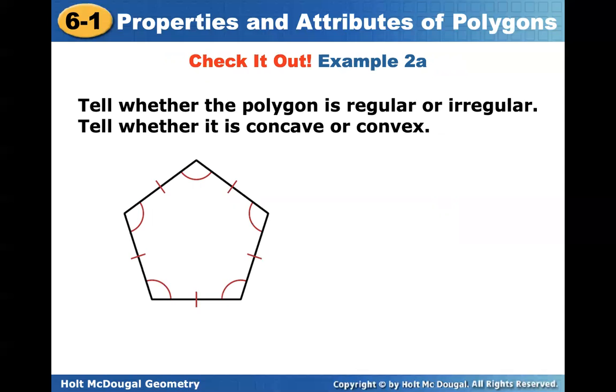Tell whether it is regular or irregular, and then tell whether it is concave or convex.